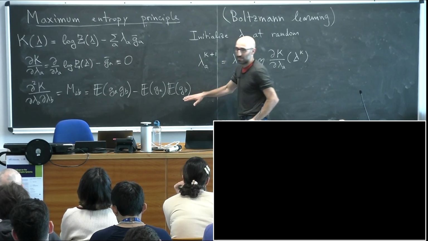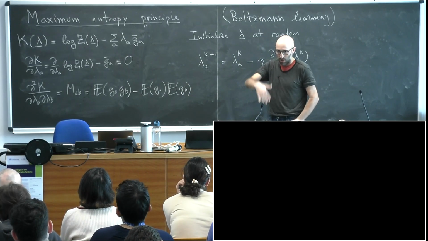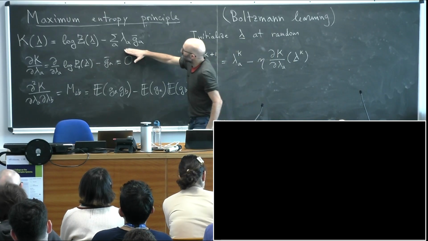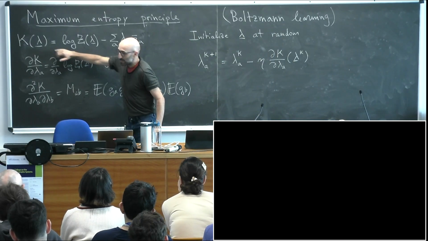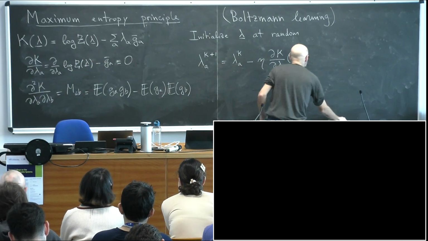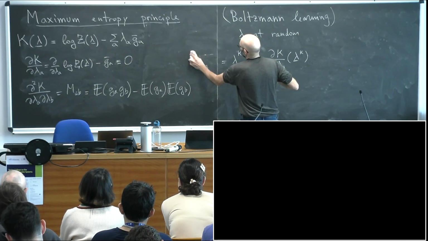Basically, the idea is this. I can tell you the logic, and then you can tell me where you want more details. So I start from k, and k is the logarithm of Z. And Z is the normalization of the probability.